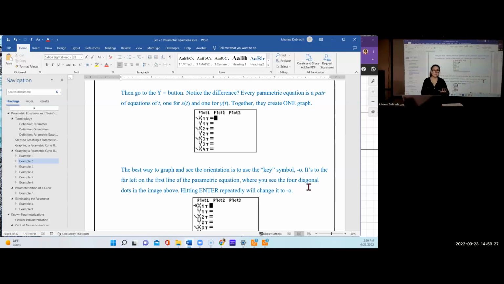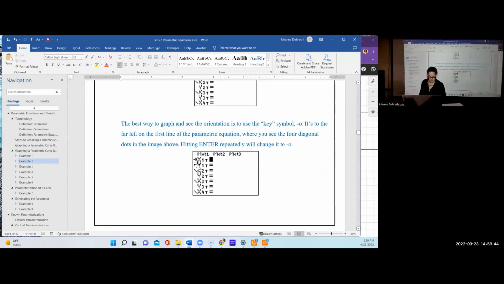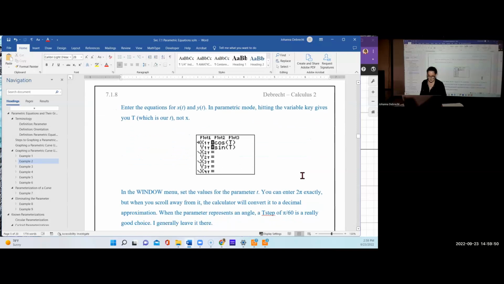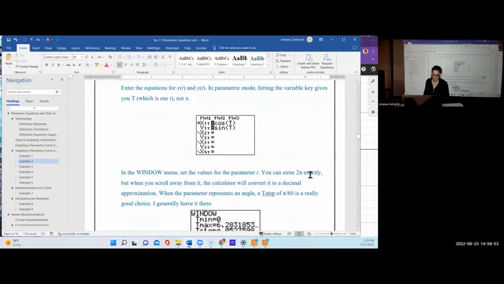So you want to move your cursor to the far left until it's sitting on top of the diagonal slash, and then you want to hit enter repeatedly until you see that hyphen O. And when you see the hyphen O, then you'll stop right there, right? So once you can see the symbol right here is the hyphen O, then you know you have it set to plot showing the orientation, all right?